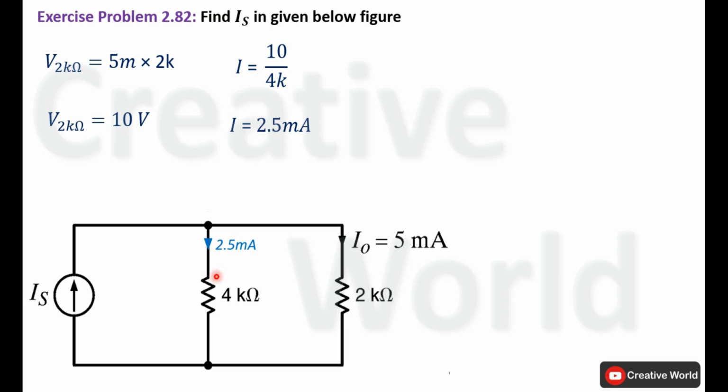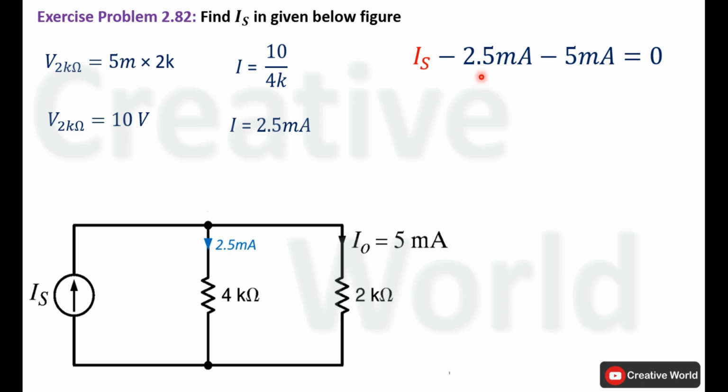Now we will apply Kirchhoff's current law on this node to calculate the current IS. For that purpose, we will write the KCL equation of this node. First of all, the entering current will be taken. On this node, only one current is entering, that is labeled as IS, and we are interested in calculating its value. After that, two currents are leaving and both currents will be taken with minus signs because these are leaving currents.